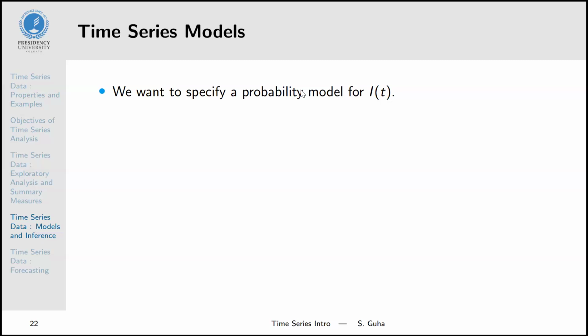After removing the effect of trend and seasonality, we are left with this irregular component, and for that irregular component we are searching for a probability model. Once we are able to specify a probability model, perform tests and make probabilistic statements for this irregular component, I can simply add back the trend and seasonality parts to get a similar statement for the original data.